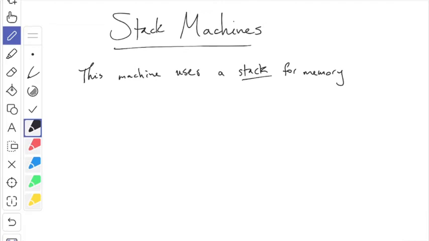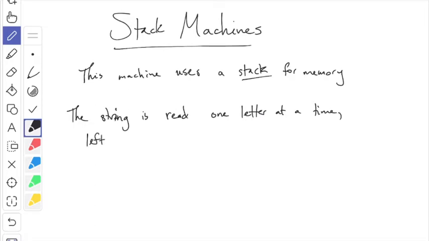The idea is there is a string, and the string is processed one letter at a time by the machine, just like in an NFA or DFA. The string is read one letter at a time, from left to right, as always. In an NFA or DFA, depending on which letter you read, you can jump to a different state.